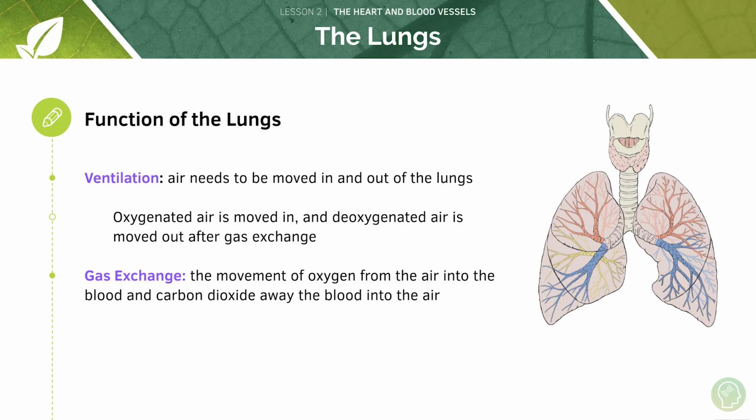Gas exchange is its second function, and this is the movement of oxygen from the air into the blood and carbon dioxide from the blood into the air. So these are two differing functions. So ventilation means the movement of air in and out of the lungs. Gas exchange is in and out of the blood.